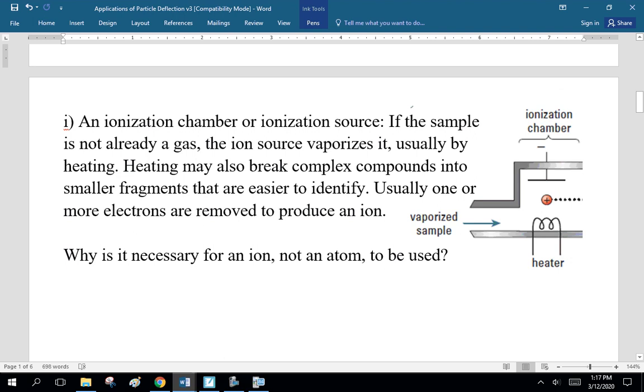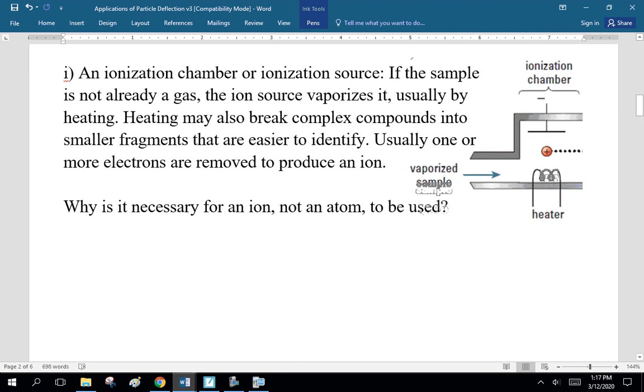Now, first things first, the ionization chamber or ionization source. If the sample is not already a gas, the ion source vaporizes it, usually by heating. Heating may also break complex compounds into smaller fragments that are easier to identify. Usually, one or more of the electrons are removed to produce an ion. Now, why is it necessary for an ion, not an atom, to be used? Ions have a charge.